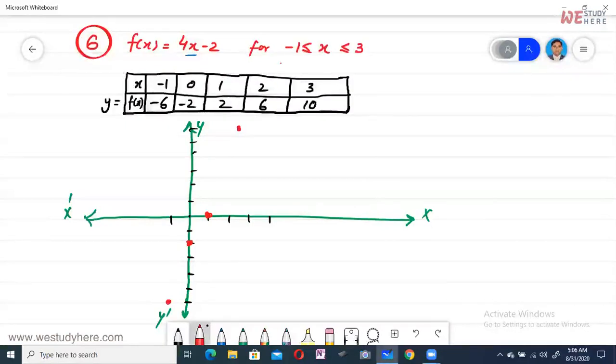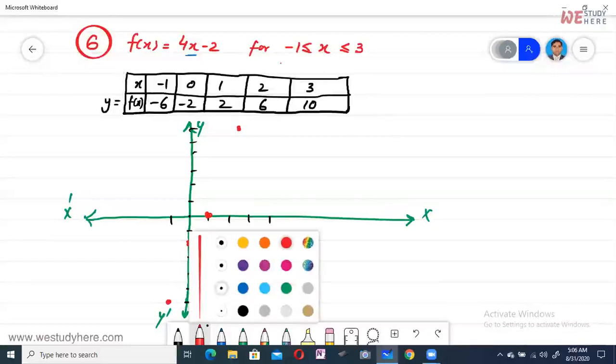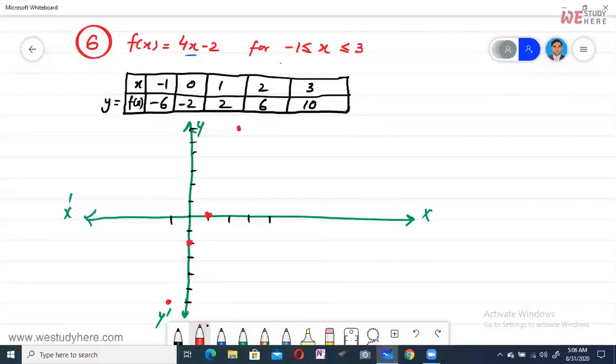Then we need to join these points, and this will give us a straight line like this.